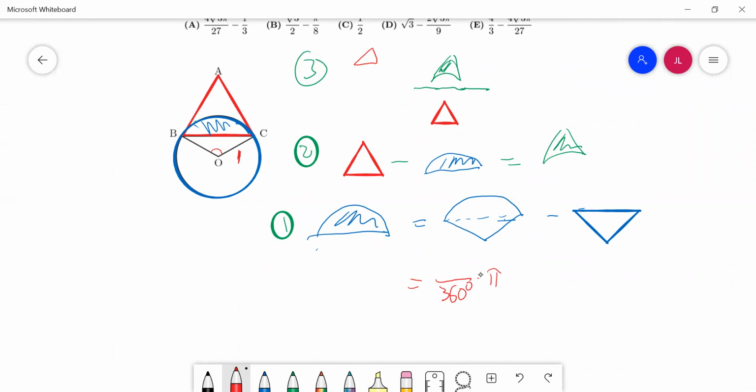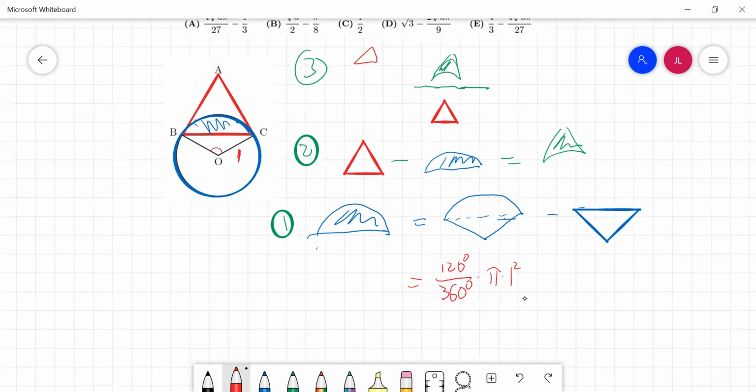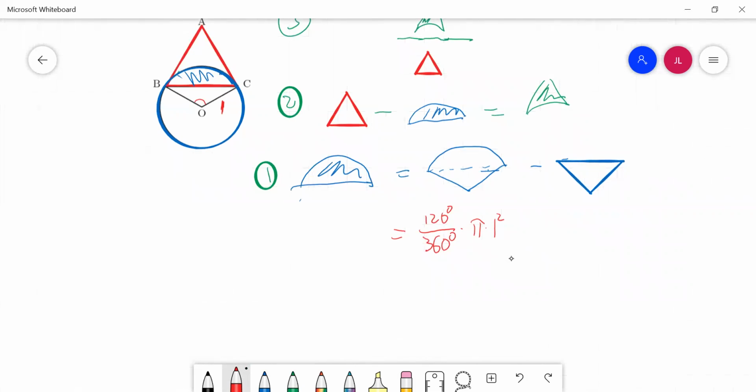So what is the angle? We just talked about it, this is 120 degrees. So this is nothing but one third pi. Then we can look at this triangle here.